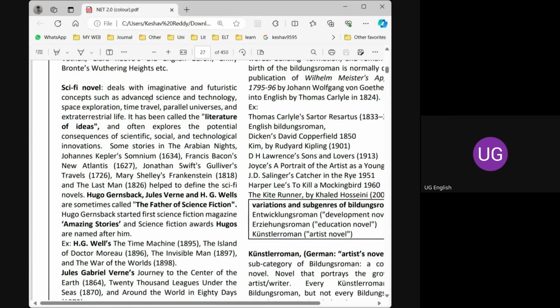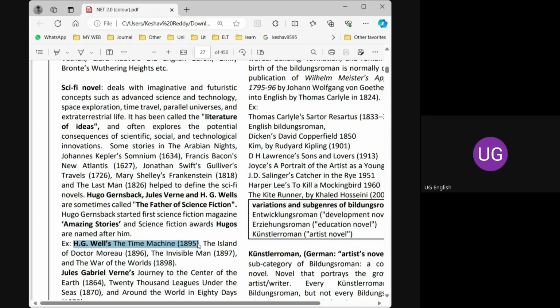All these are imaginary novels based on science inventions, based on scientific advancements. That is why The Time Machine is a novel, the best example, by H.G. Wells. In Telugu, we have a movie by Balakrishna titled Aditya 369. It is based on the story of The Time Machine. This is a sci-fi novel.